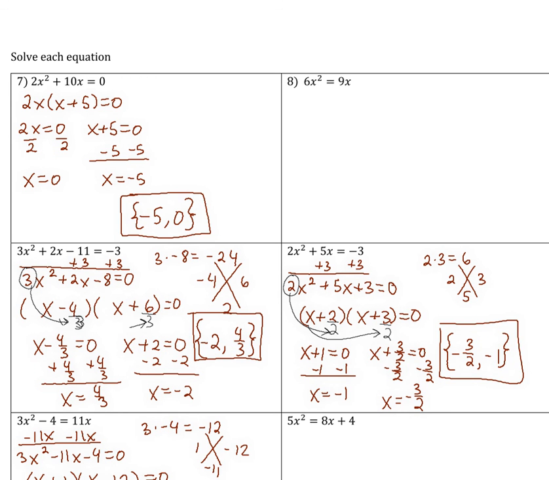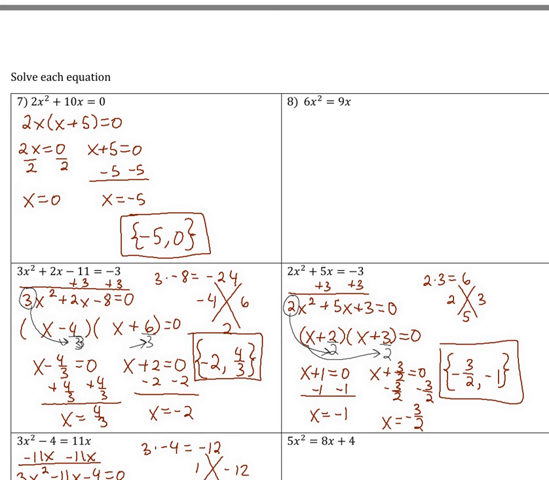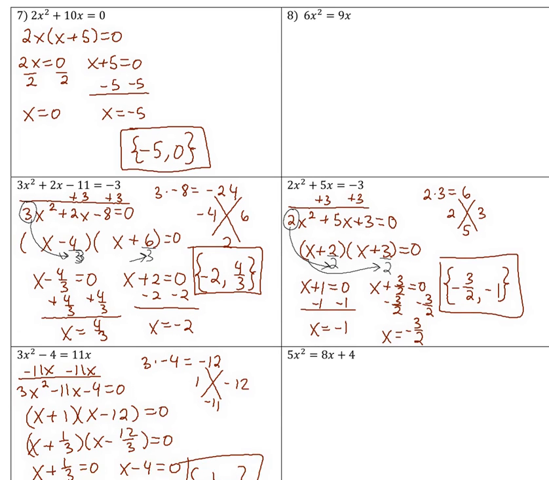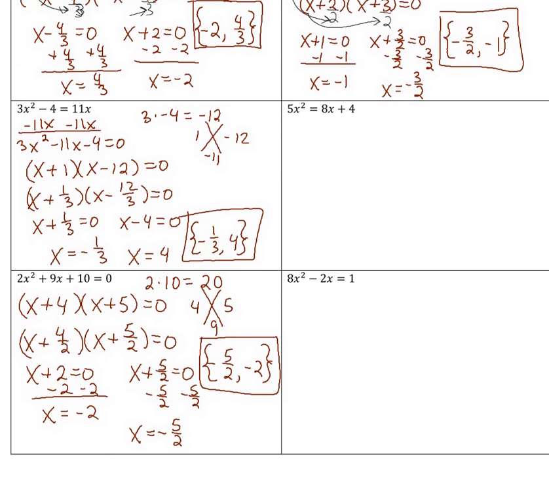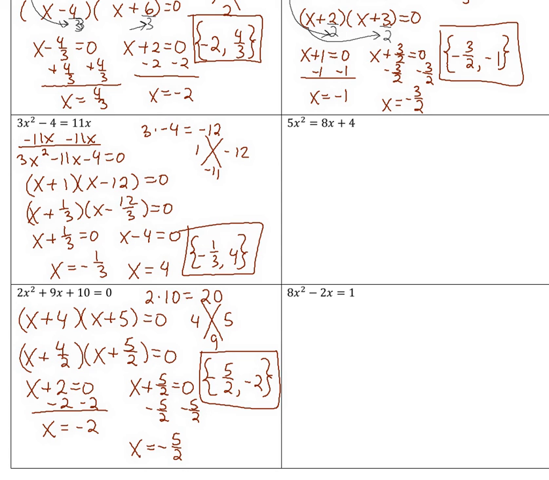Okay, let's take a look at the solutions here. We've got our first one. We can just do GCF on that first one, and we see our two answers, negative 5 and 0. And our last two there.